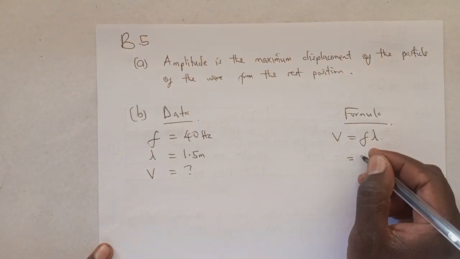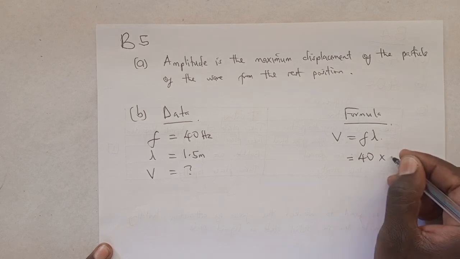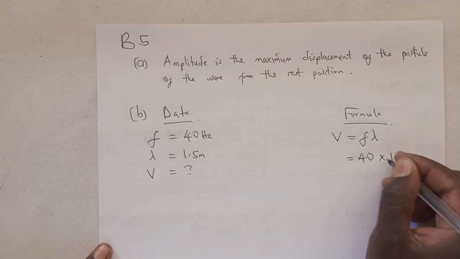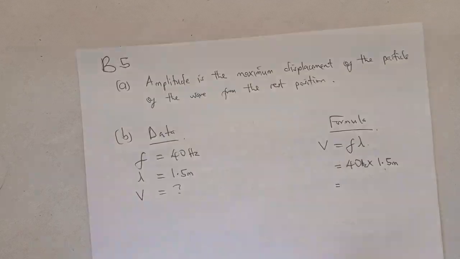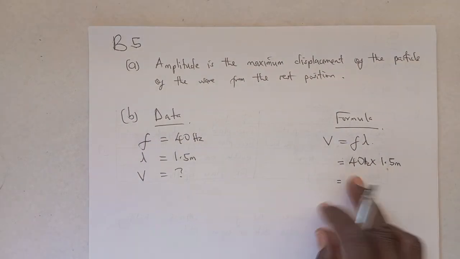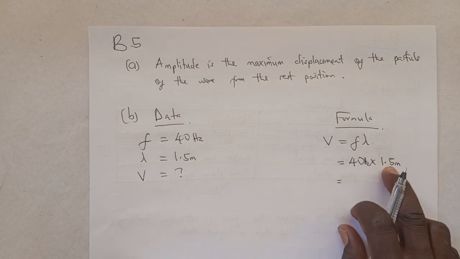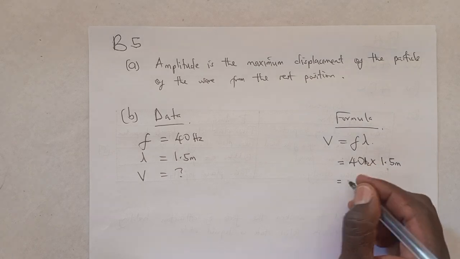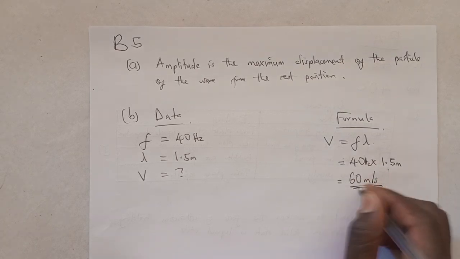So we're going to say 40 Hz multiplied by 1.5 meters. If we say 40 times 1, it is still 40, and then 40 times half, it is 20. So this should be giving us 60 meters per second. This is the answer.